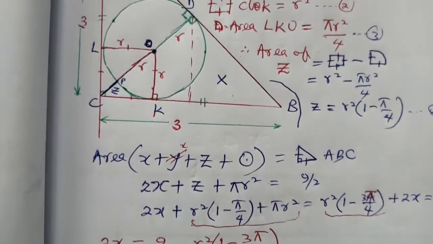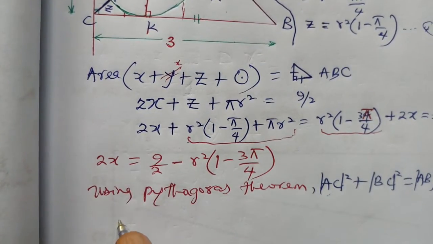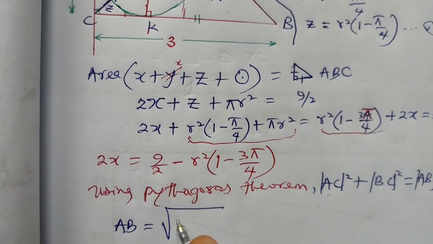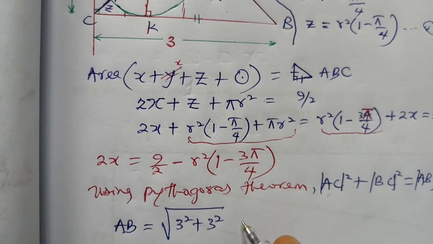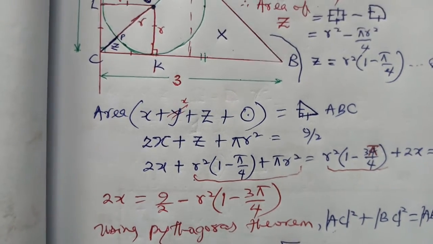So that means that our hypotenuse AB is equal to the square root of 3 squared plus 3 squared. That is 3√2. So that is our AB.